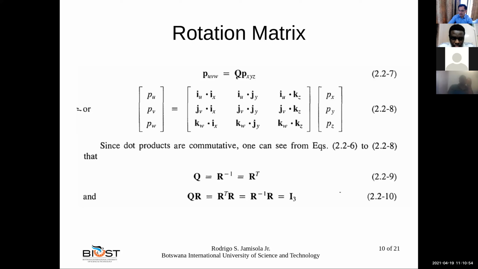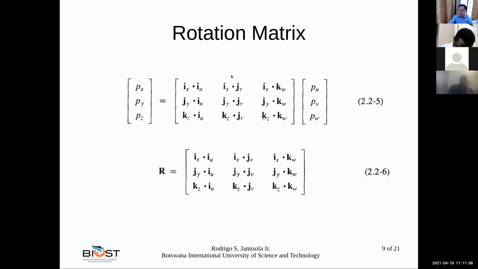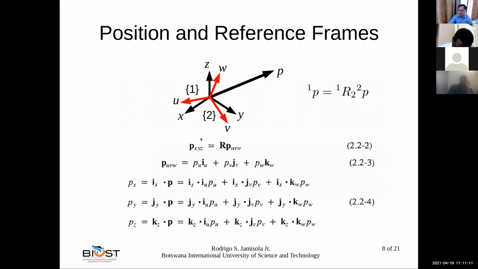And so we say that if this vector is expressed from the x, y, and z frame into the u, v, w frame by a rotation matrix Q, then you can also do that from the u, v, w reference frame to the x, y, and z reference frame with rotation matrix R.